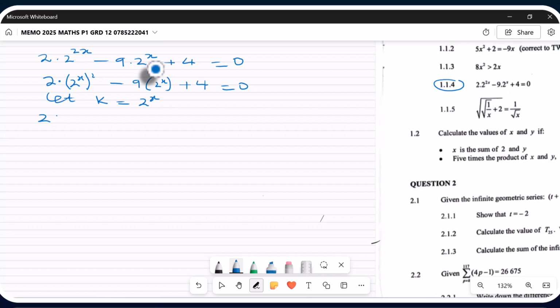Now, the moment I see this, I can see that 2 multiplied by 4, it gives me 8. And then that 8 can give me two numbers. When you multiply them, get positive 8, but when you add, get negative 9. So I can use 8, same as negative 1 times negative 8.